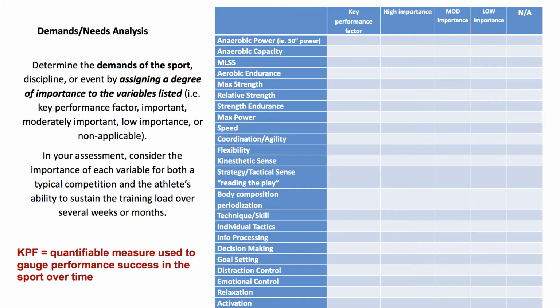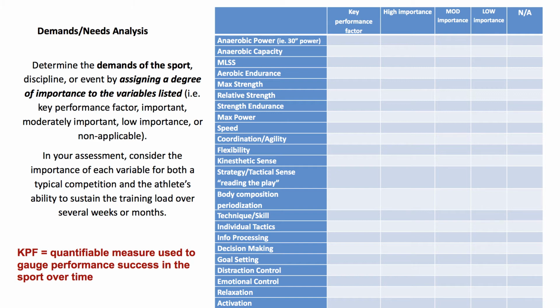And what you do is you determine whether this is a key performance factor to the sport. Does it significantly impact performance? Is it a quantifiable measure used to gauge performance success in that sport over time? Then you assign whether it's of high importance, moderate importance, low importance, or not applicable to that sport.